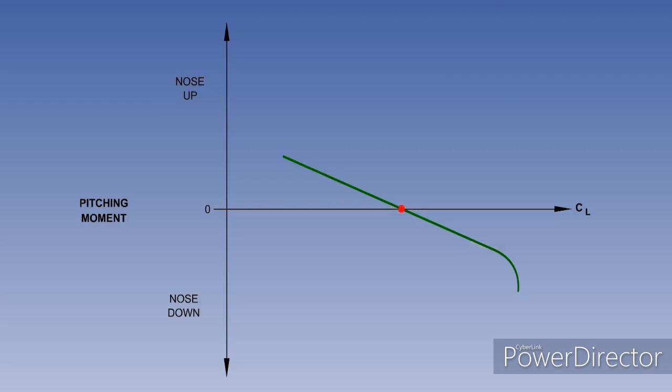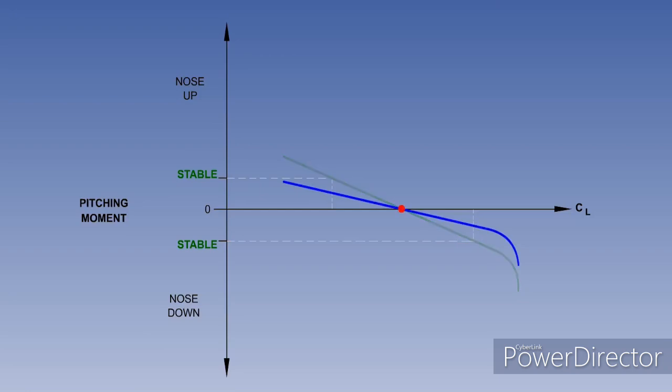Now let's use the graph to consider variations in longitudinal static stability. Movement of the red dot shows an increase in angle of attack, which generates a nose-down pitching moment. Reset the graph to equilibrium. A decrease in angle of attack generates a nose-up pitching moment.